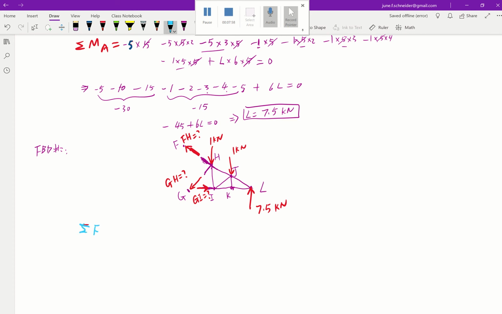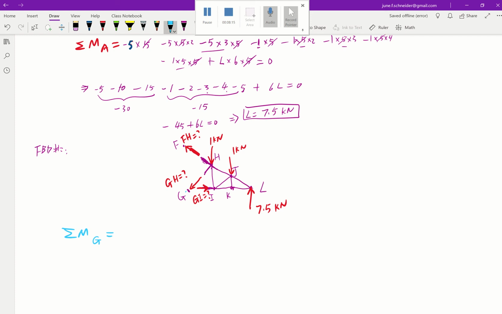Instead of doing forces, how about we start with moment? If we do moment at G, what can we solve? We can solve FH right away, right?